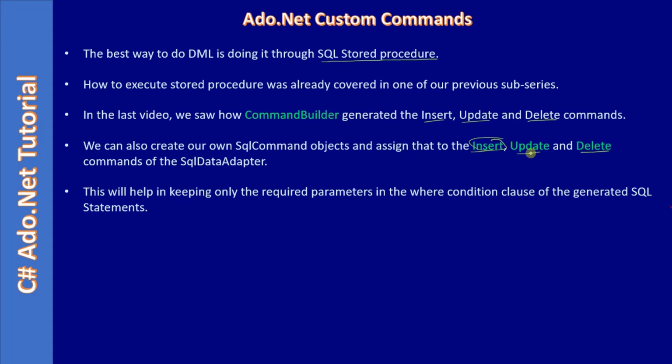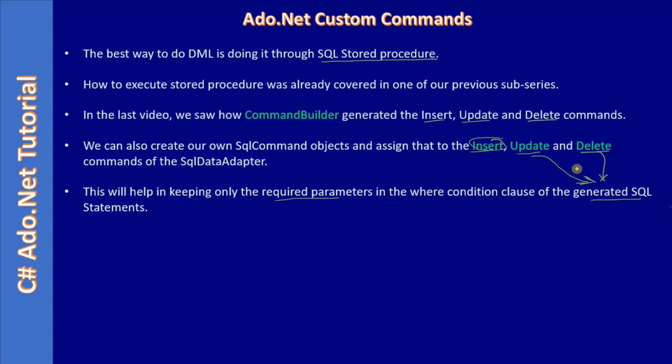So now we will make modifications to update and delete so that they will use the key column. This will help in keeping only the required parameters in the where clause of the generated SQL, right? So update and delete we are going to modify in this video so that in the where condition it will just include the job ID column, not all the columns.